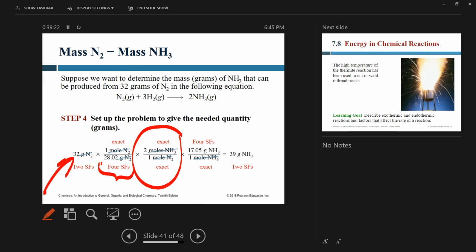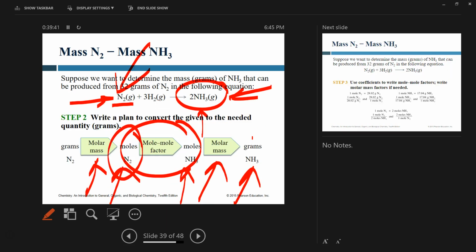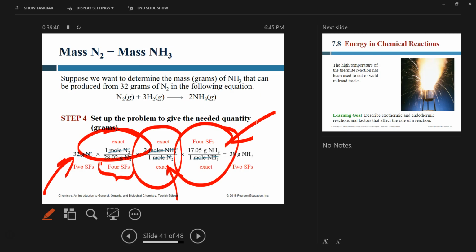Nitrogen goes at the bottom because here nitrogen's on top. And finally, we need to convert moles of ammonia into the mass of ammonia. So we use a third conversion factor, the molar mass, to find the mass of ammonia. Now, this is super long, and I would rather do something else.